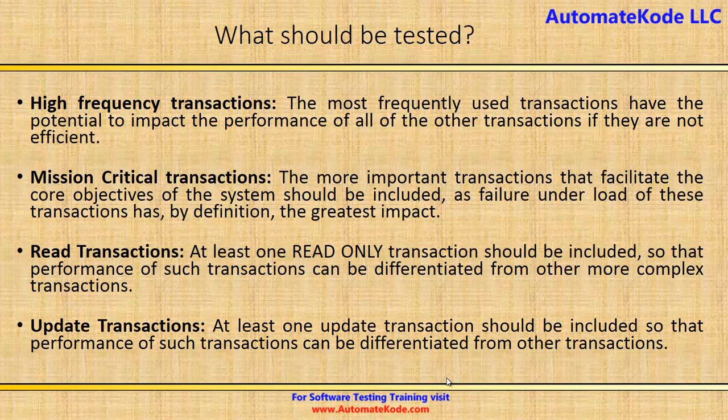We ask the business team to give us some very important test cases, and they select from their end 5 or 6 or 10 test cases, and then send them on the speeds and feeds or process document, and we just develop. So they take the decision on which is the important mission critical one, which has an update transaction, which has a read transaction.